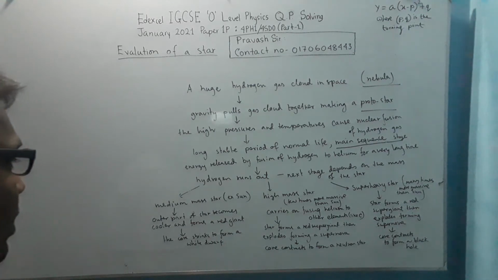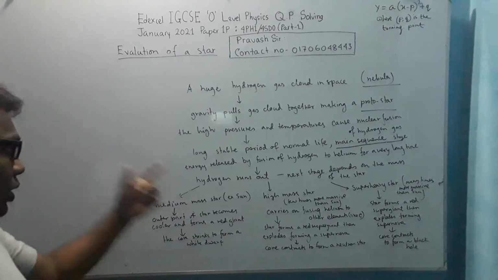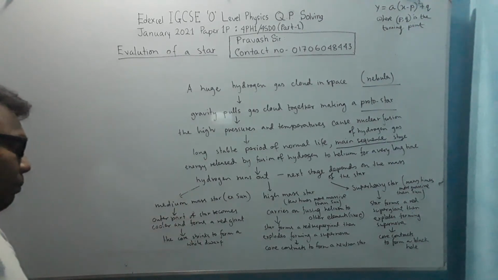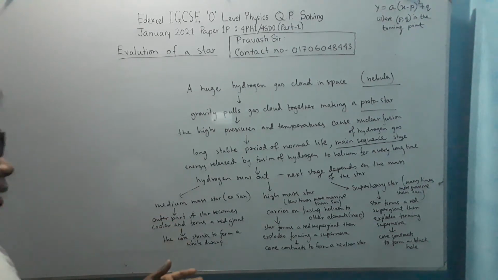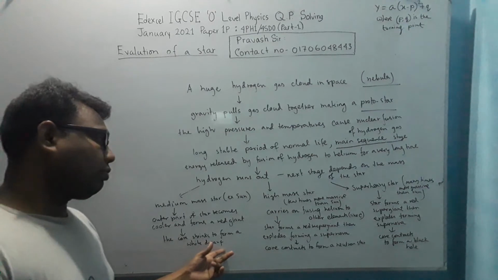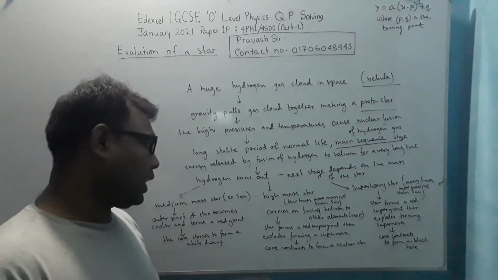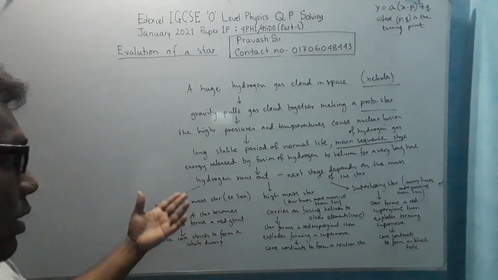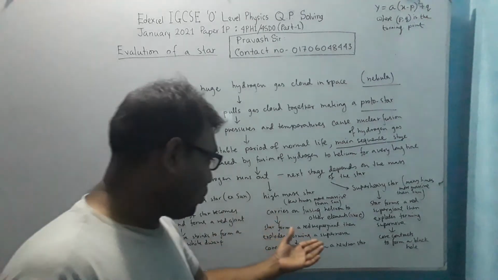After this red giant or red supergiant stage, what happens at the next stage? The medium mass star enters its last stage after the red giant, and it is a white dwarf. Whereas the high mass star, after the end of the red supergiant, enters a supernova.